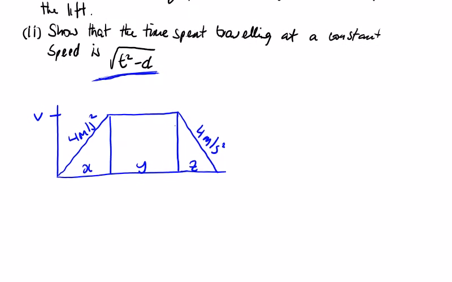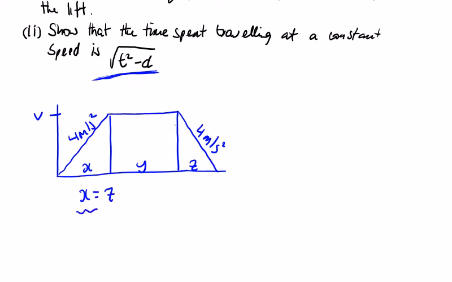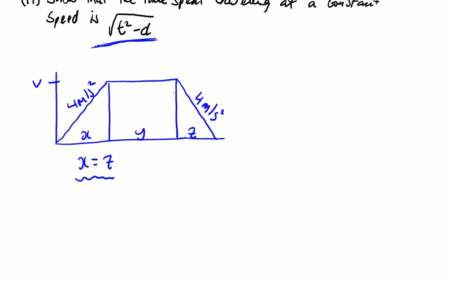So the area of the three, you'd say here x is going to be equal to z here because they're both the same speed. And we can also get v in terms of x or z. So v is equal to u plus at. So my velocity is 0 plus 4t. And we've called it x, so v is equal to 4x.